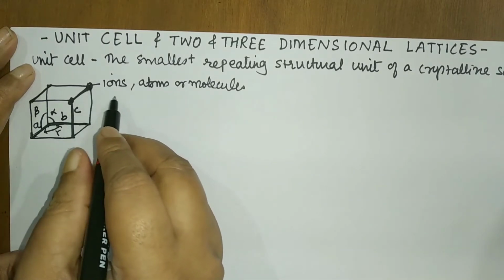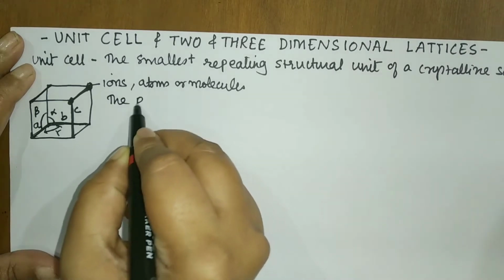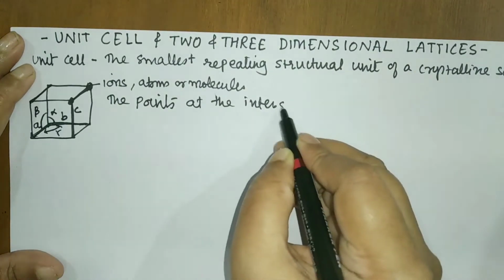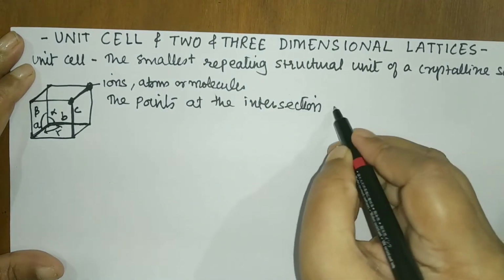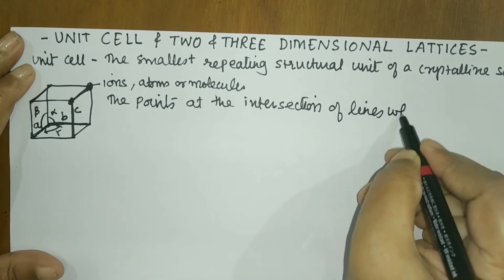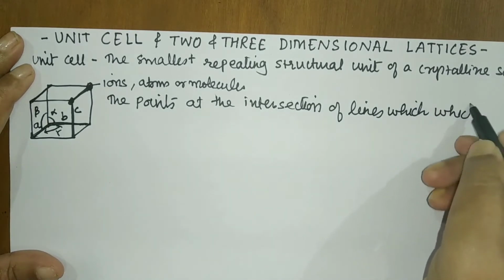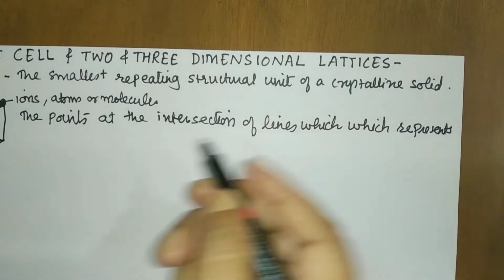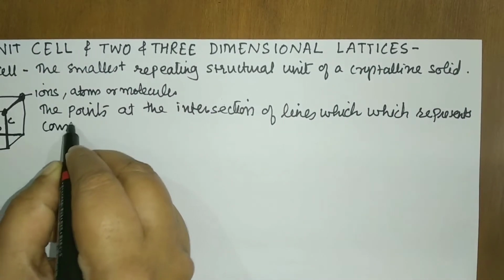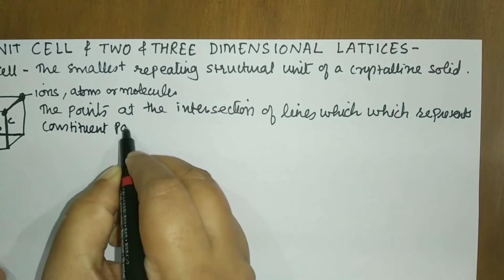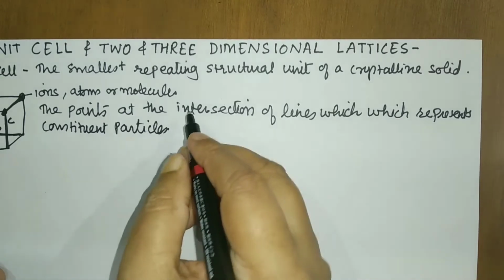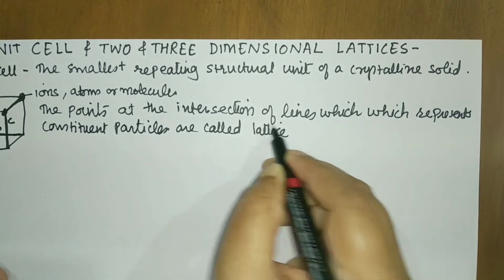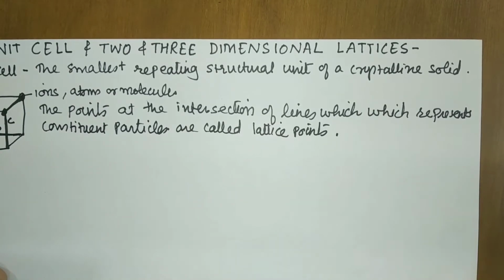So how will I define this, students? The points at the intersection of lines which represent constituent particles are called lattice points.